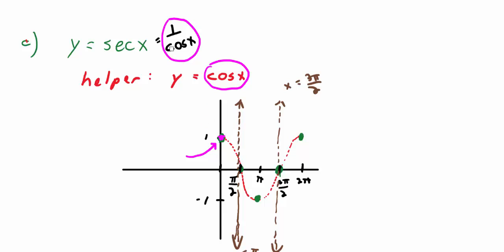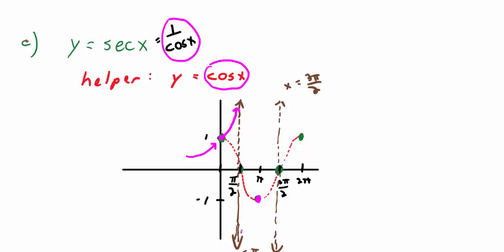So I'm trying to graph that portion of it. And then in between the asymptotes, corresponding with this minimum value, if (pi, negative 1) is on the graph of cosine of x, certainly it's on the graph of secant.